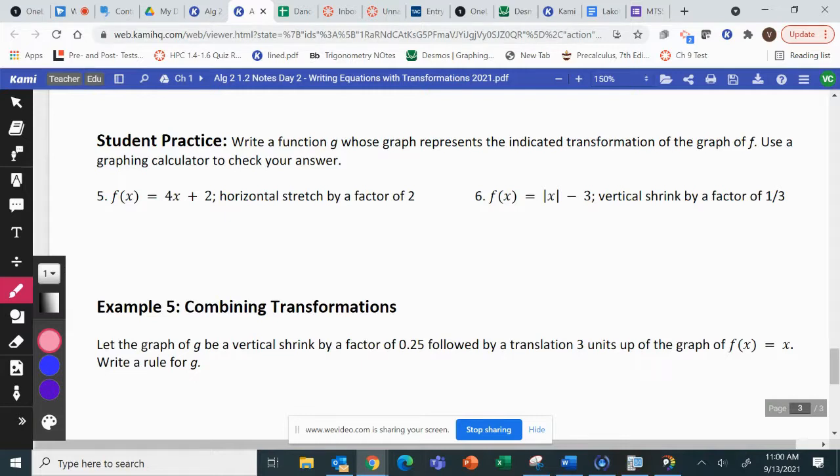Think, is it vertical or is it horizontal? Does it go inside? Does it go outside? If it's horizontal, it's opposite operation. Does it go inside or outside? Mario, first one. Inside.